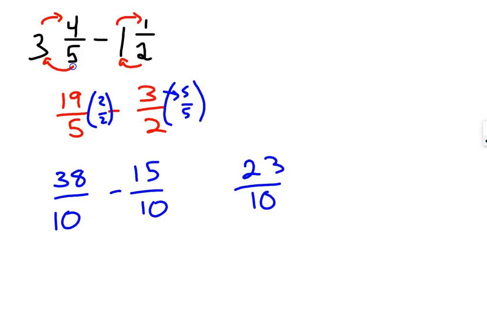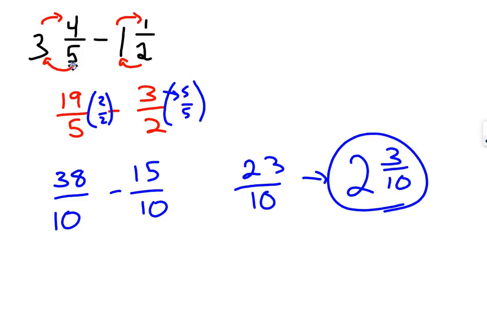Positive. Now again, remember, whenever you're given a question that starts as a mixed fraction, try to end the question as a mixed fraction. How many 10s go in 23? I know that 2 of them go in there, giving us a remainder of 3/10. And that's how you do it.